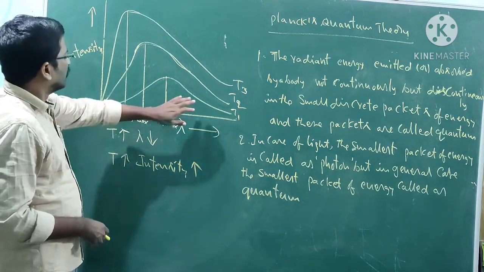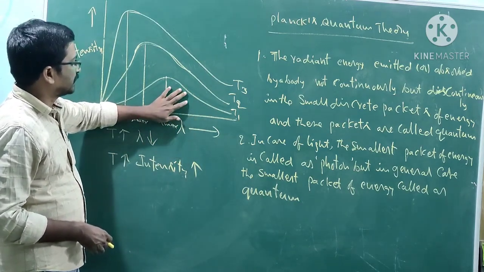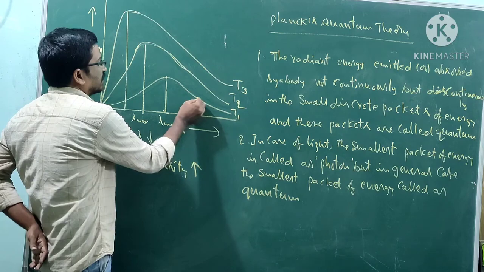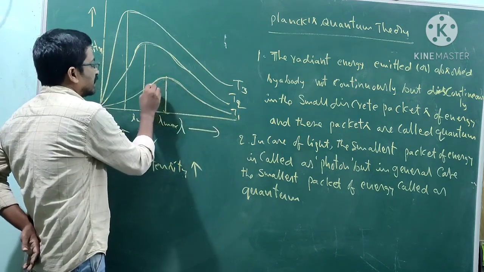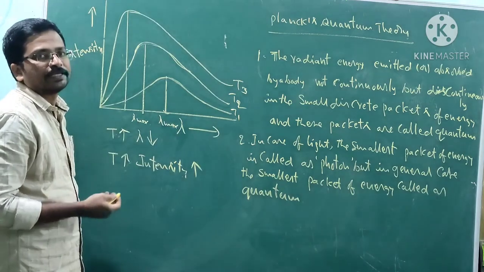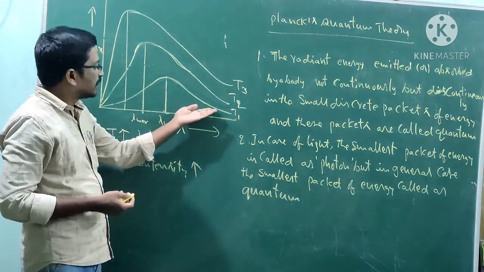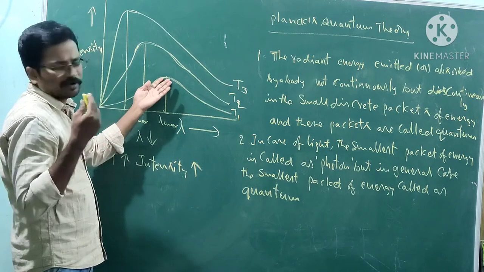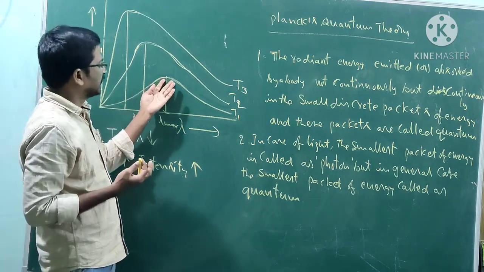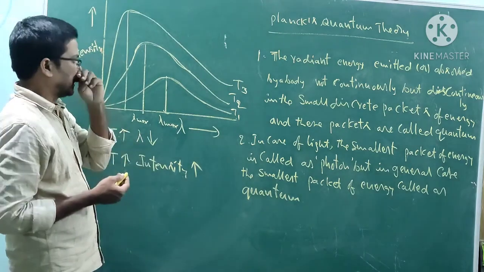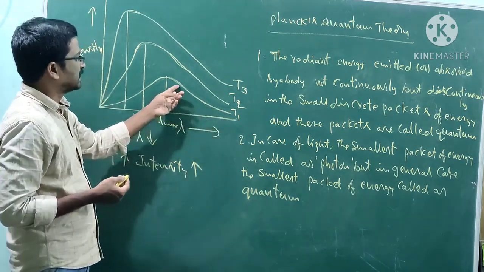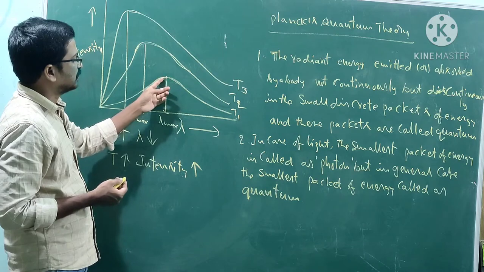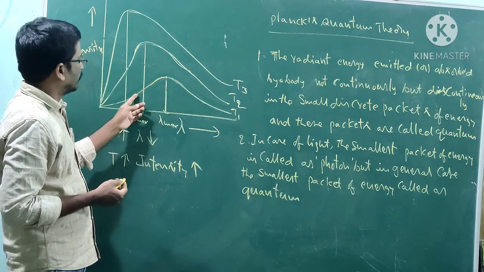Here, for black body radiation, at temperature T1, the intensity of the emitted radiation increases, reaches the maximum and then starts to decrease.